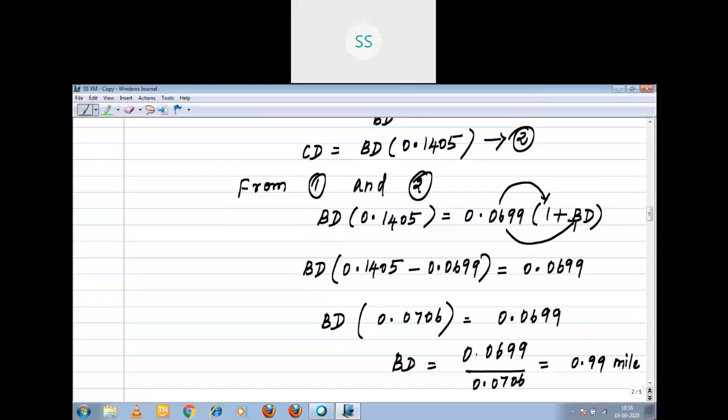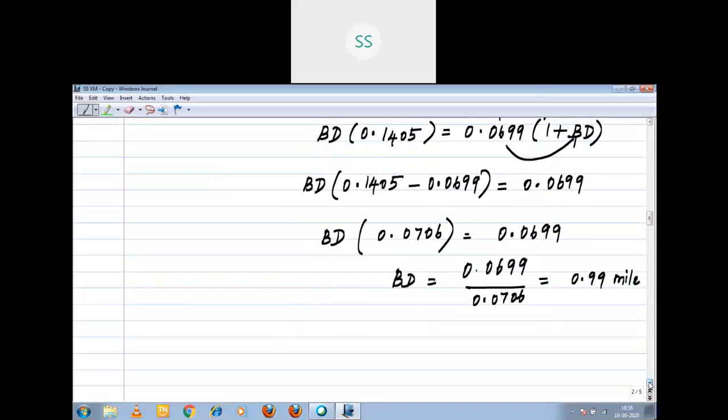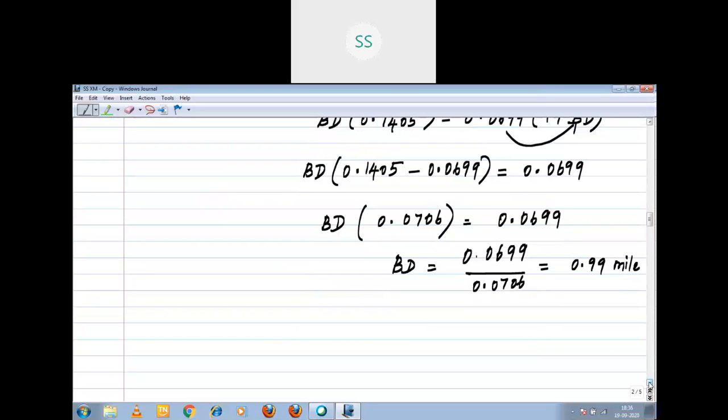So BD into 0.0706 equals 0.0699. Then BD equals 0.0699 divided by 0.0706, which equals 0.99 miles.